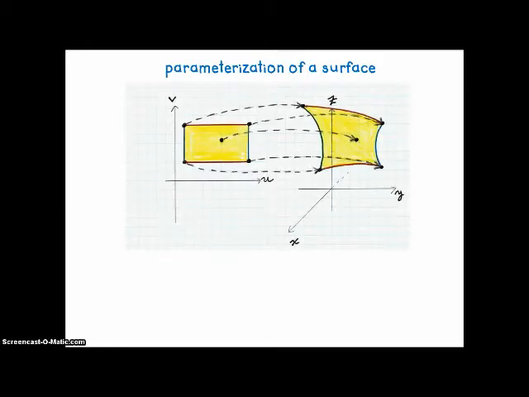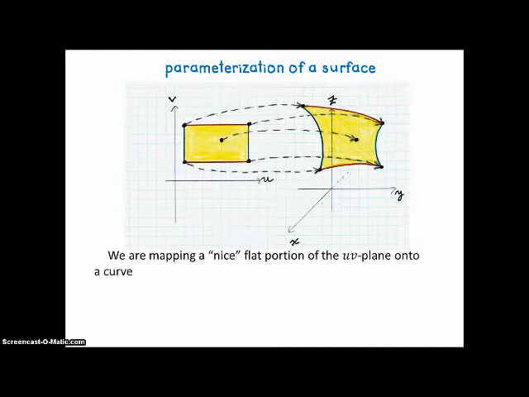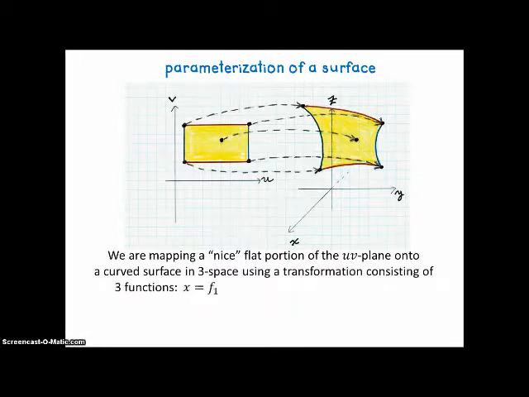Parameterization of a surface. So this time what we're doing is we're not mapping a number line onto a curve, we're mapping a flat area onto a curved surface in three-space. We are mapping a nice flat portion of the UV plane onto a curved surface in three-space using a transformation consisting of three functions again. x is the first function of u and v, y is the second function of u and v, and z is the third function of u and v.